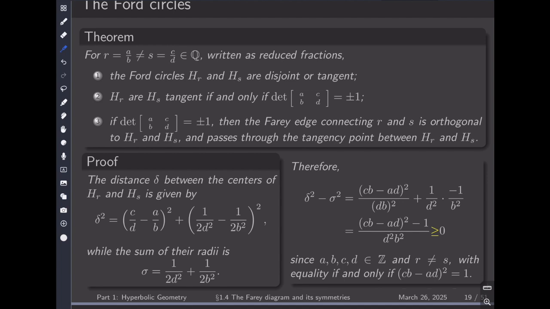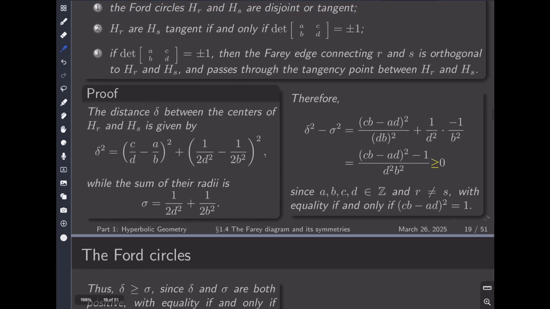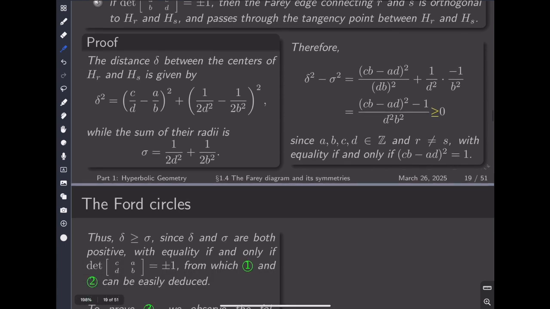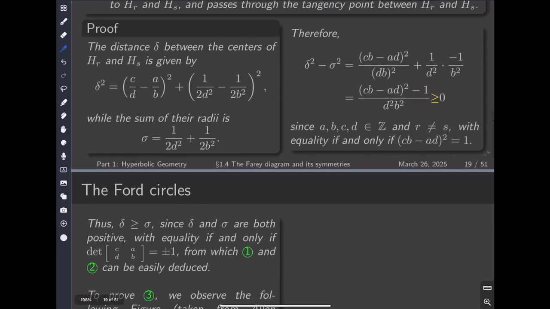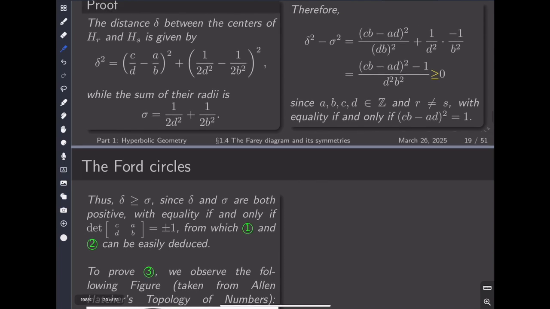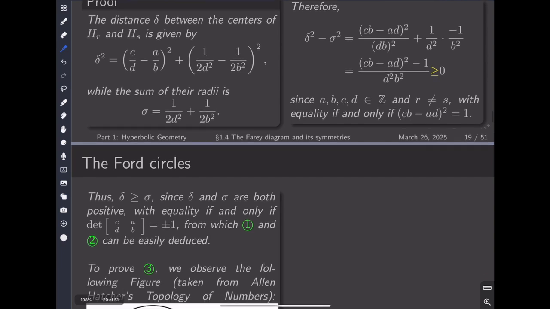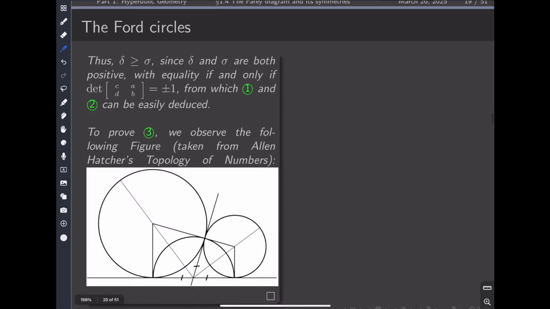So for the proof of one and two, maybe I'm going to skip it today, because I have a lot of material.